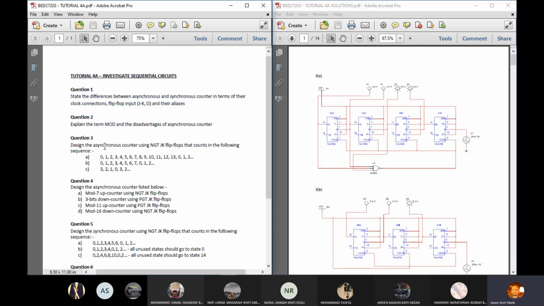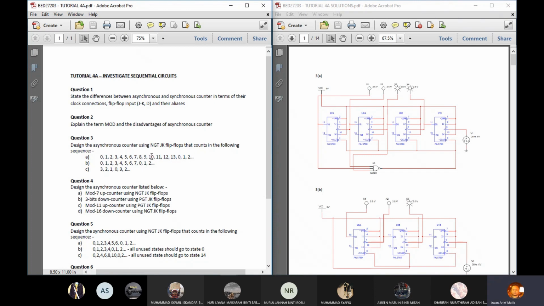Design the asynchronous counter using NGT JK flip-flops that counts in the following sequence: 0, 1, 2, 3 up until 13, back to 0, 1, 2, and so on. So it will count up until 13, back to 0, then 1, then 2, and follow up until 13 again.